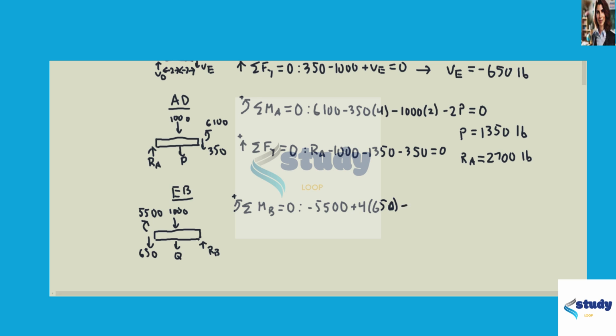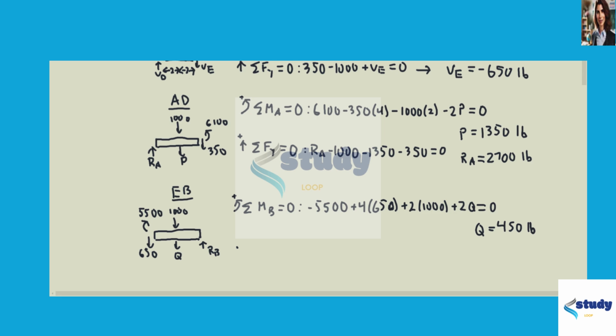We've got the 1,000 with an arm of 2. And we've got the unknown Q with an arm of 2. All right, and if we solve that for Q, we get Q equals 450.